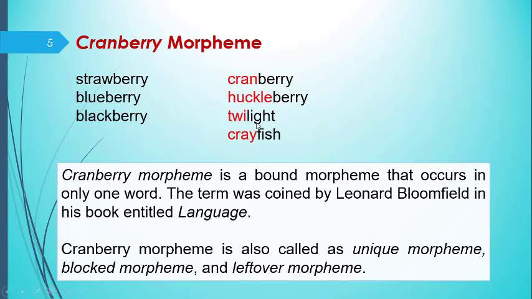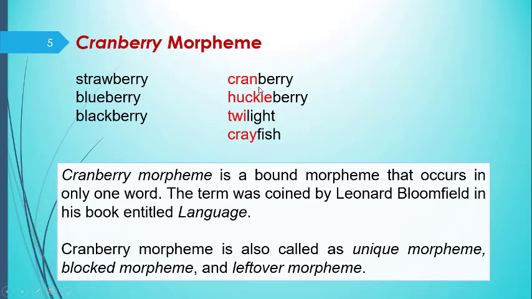In twilight too. Light has its own meaning, but what is twi? We don't know about it. And crayfish, what is cray? So actually, cran, huckle, twi, and cray are all bound morphemes. However, these bound morphemes can only occur in one word.